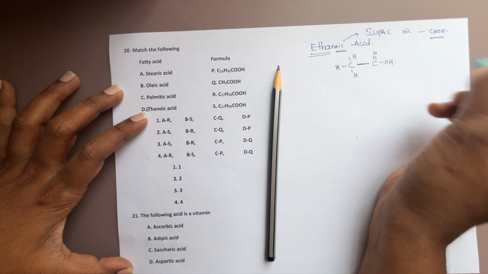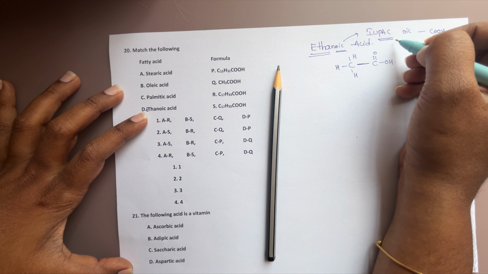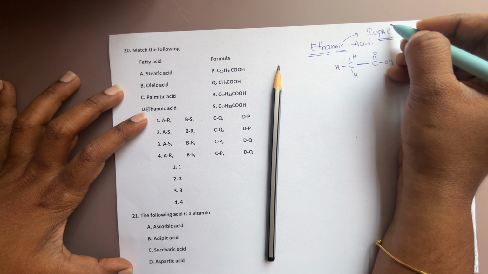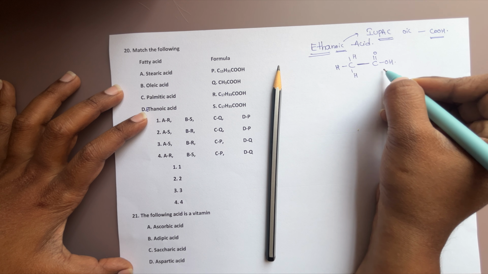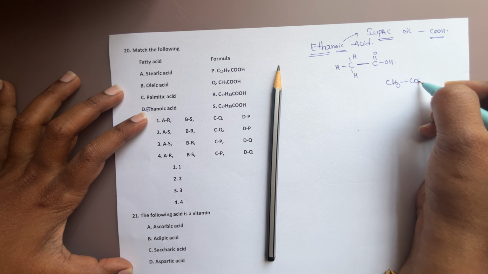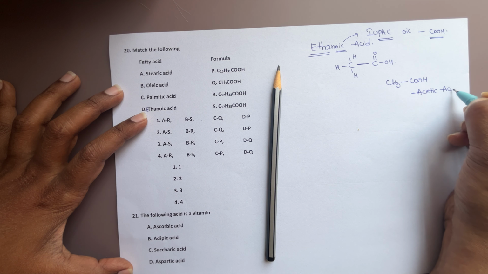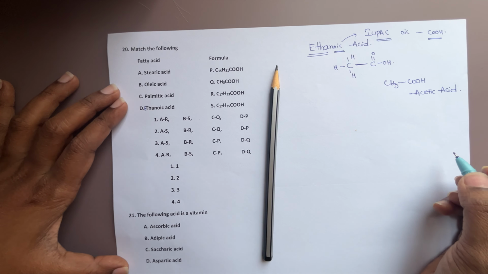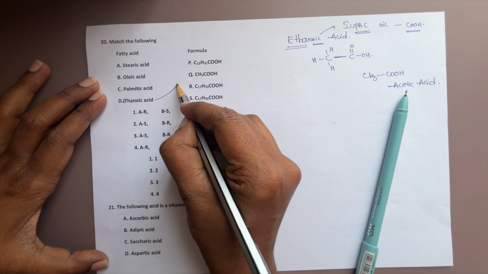This is what we call ethanoic acid according to IUPAC. IUPAC is an international standard to give names to chemicals. So this is ethanoic acid, CH3COOH. The common name is acetic acid.